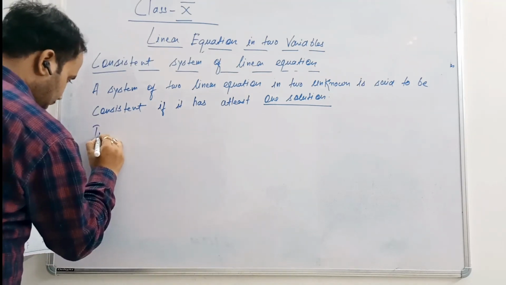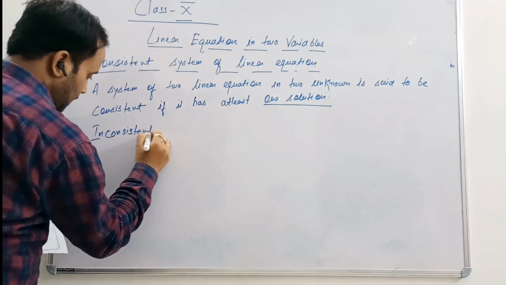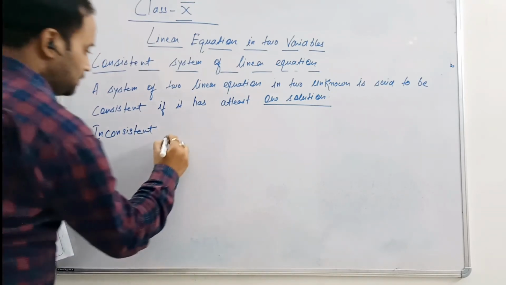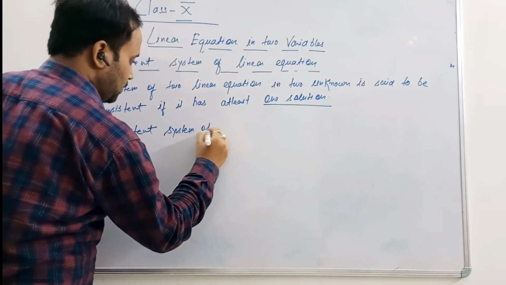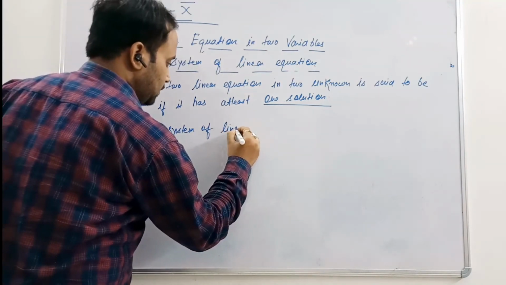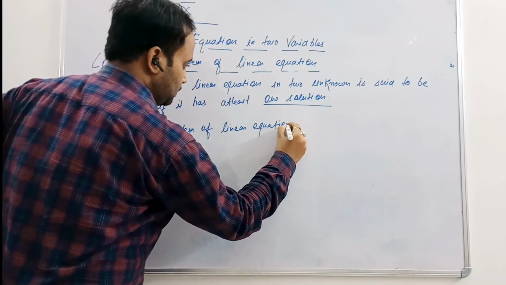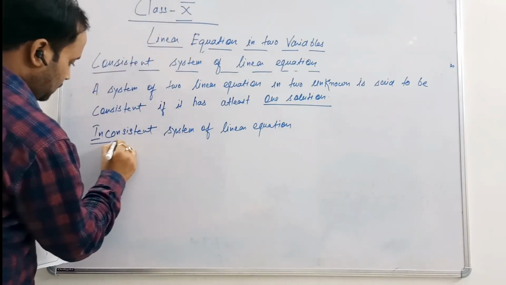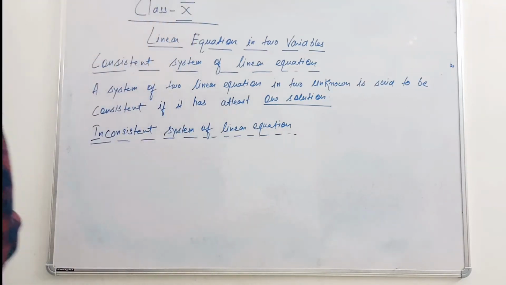Same as an inconsistent system of linear equations. What does it mean?